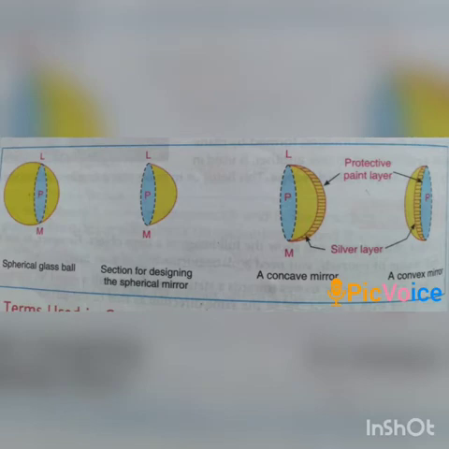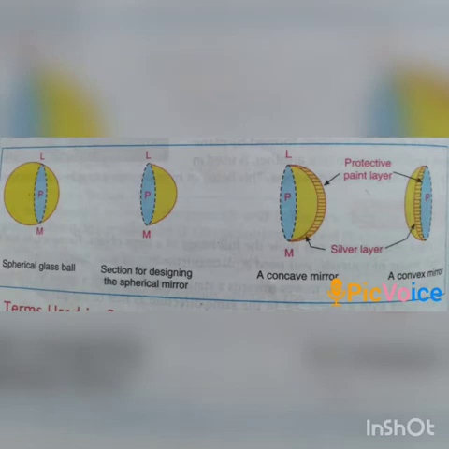So now it is clear to you students that spherical mirrors are a special type of mirror whose surface is a part of a sphere. They are of two types, concave and convex mirror. What is the difference between these two mirrors?